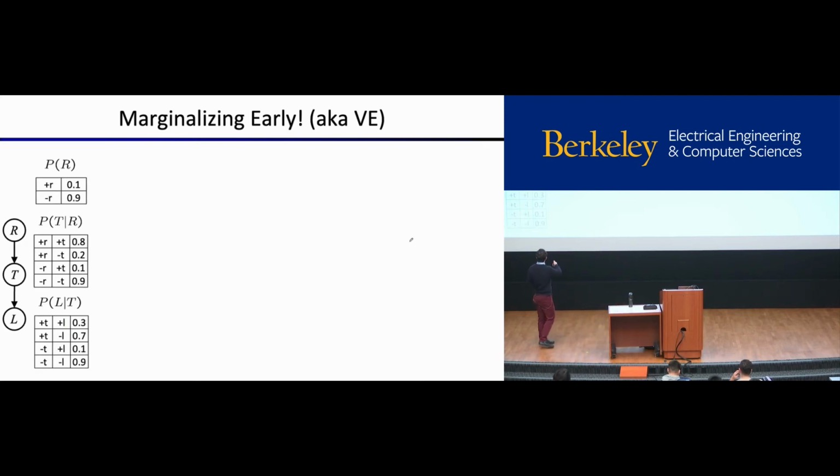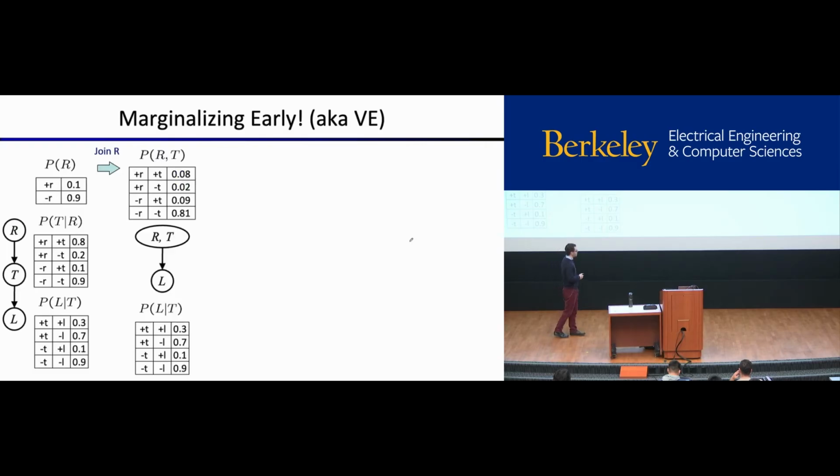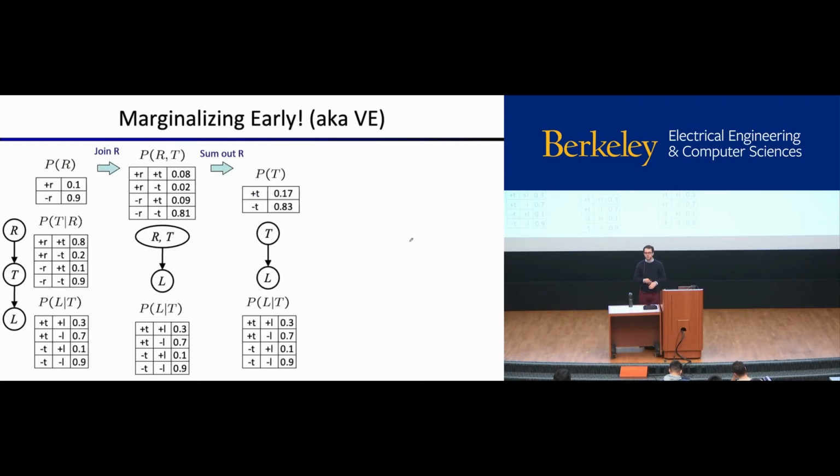So we have our 3 different conditional tables again. We're going to join the R variables. So that gives us this situation, right? Same as before, we have R and T going to L. And now we say, okay, well, I no longer need R in order to join these 2 tables together. So I'm going to sum out R. And what summing out R is going to do is give me this situation where now I just have T. T has an arrow going to L, and now I have T and L given T. I can join on T, right?